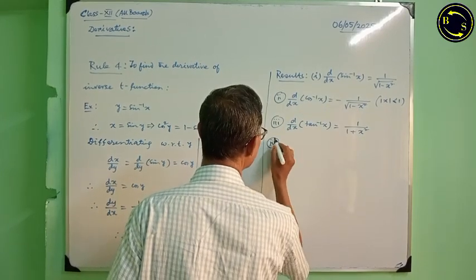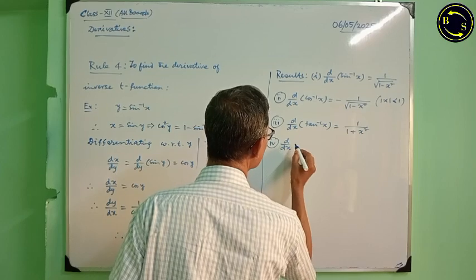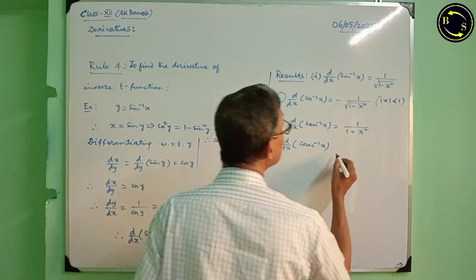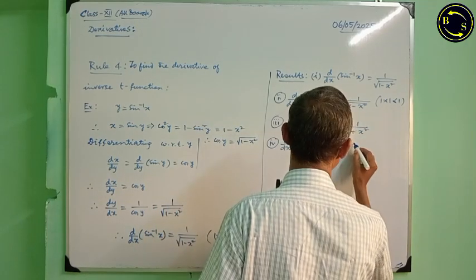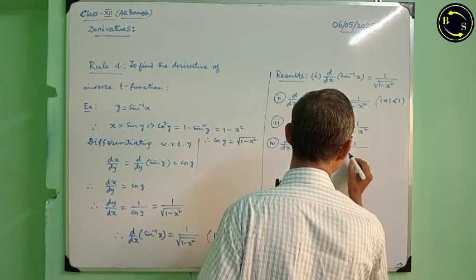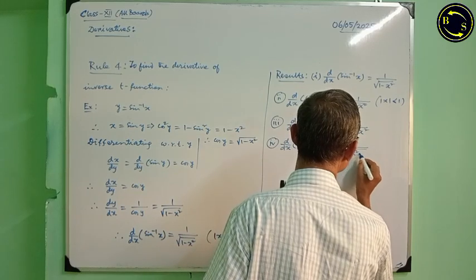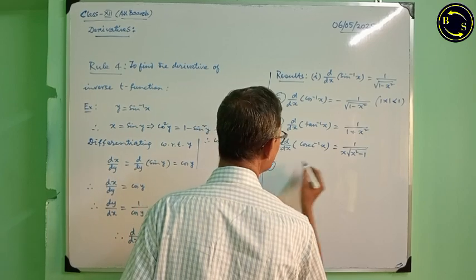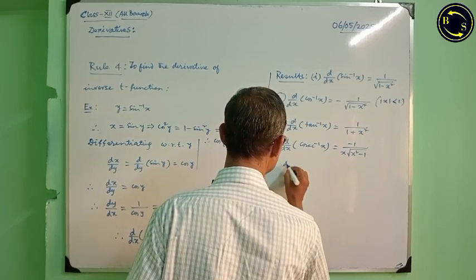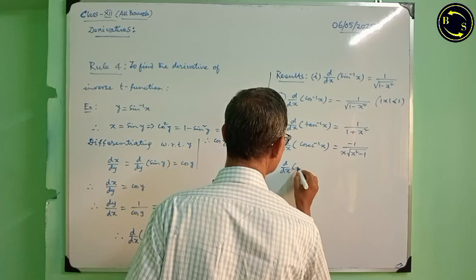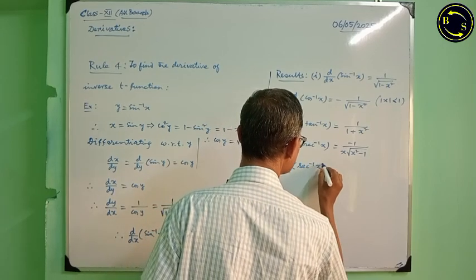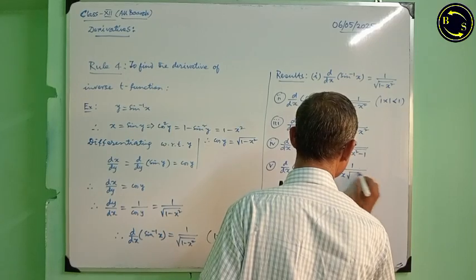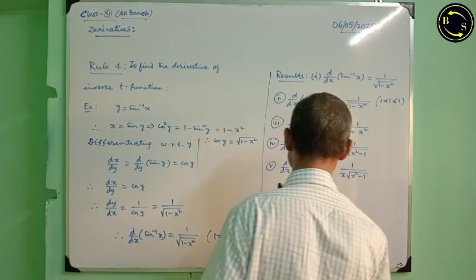Number 4, d/dx of cosec inverse x, that is equal to 1 by x root over x square minus 1 with negative sign. d/dx of sec inverse x, that is equal to 1 by x root over x square minus 1.